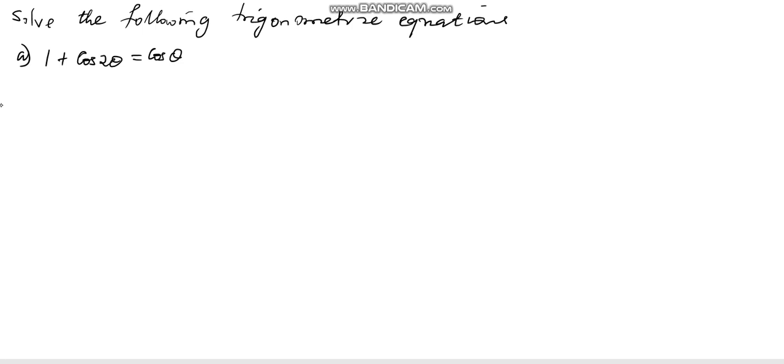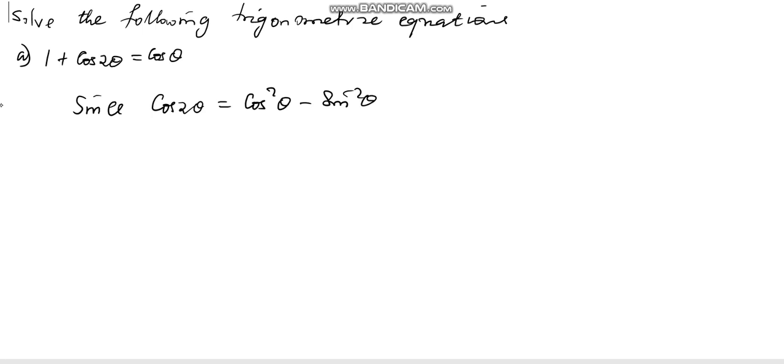So cos 2 theta is simply equal to cos squared theta minus sine squared theta.